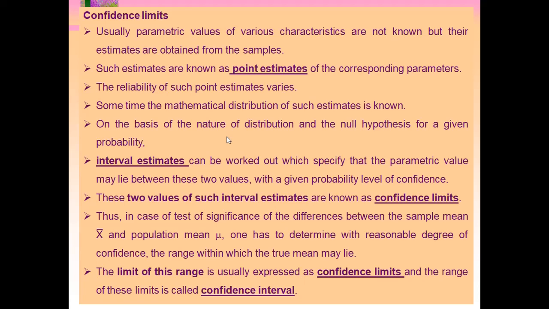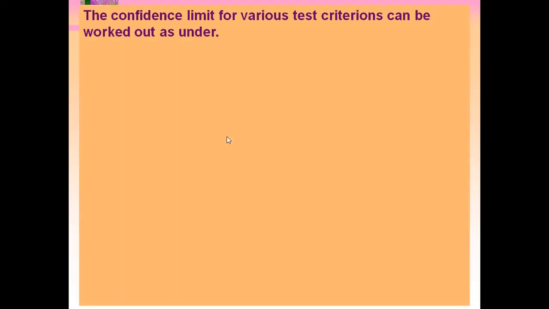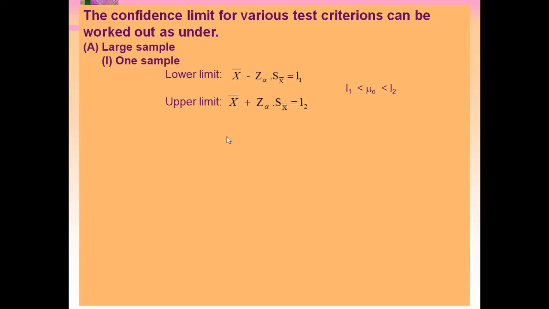If you have an interval value between two boundaries, the limits of this range are what we normally know as the confidence limits. If our estimated value falls within these two boundaries, then we can say whether the difference is considered to be significant or not. So for that, we have to calculate certain things.